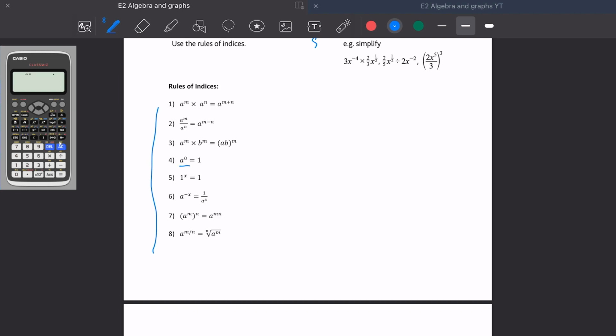Any integer to the power 0 is 1. 1 to the power of anything is 1. A to the negative x is 1 over a to the x. A to the power m whole power n is a to the power mn. And here's how you can express something in the square root form.